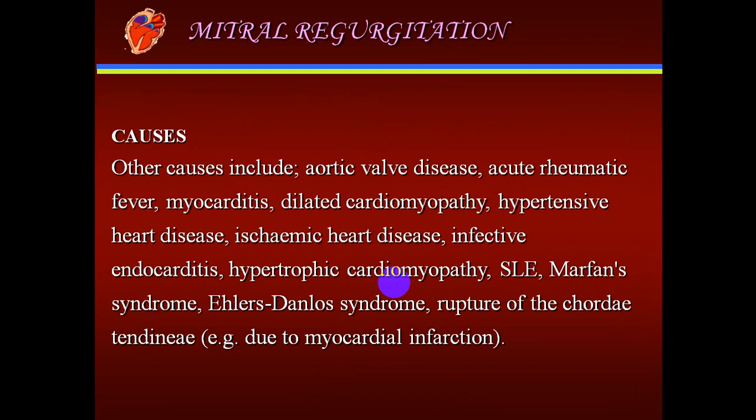Other causes include aortic valve disease, acute rheumatic fever, myocarditis, dilated cardiomyopathy, hypertensive heart disease, ischemic heart disease, infective endocarditis, hypertrophic cardiomyopathy, as you remember from the lecture on hypertrophic cardiomyopathy, SLE, Marfan syndrome, Ehlers-Danlos syndrome, and rupture of the chordae tendineae, for example due to a complication of acute myocardial infarction, usually transmural, usually ST segment elevation MI.